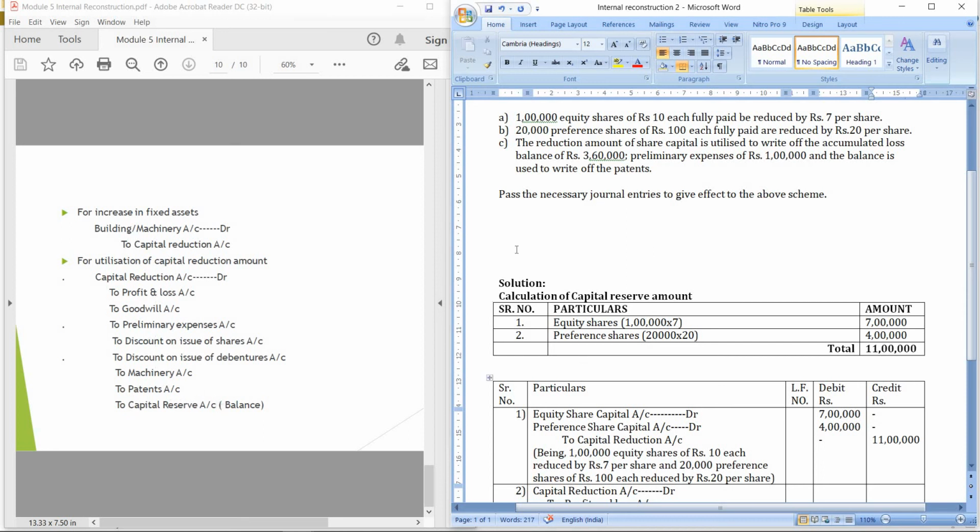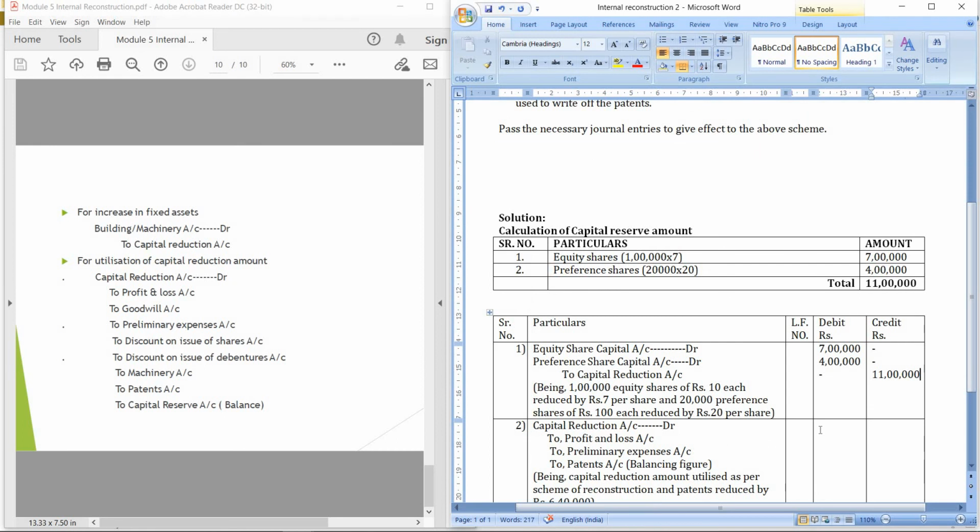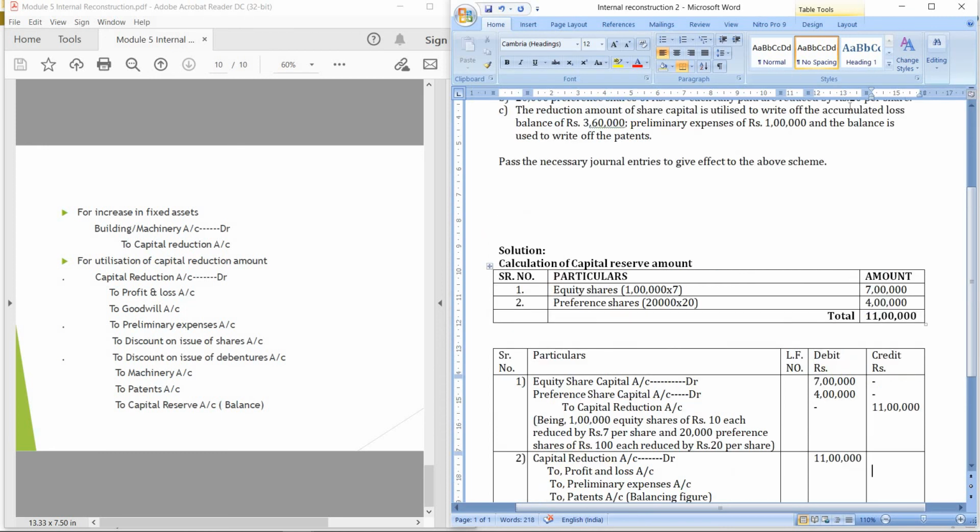A similar entry for this: capital reduction account debit. The amount of capital reduction is 11 lakhs. So we are going to make use of this 11 lakhs to write off the accumulated profit and loss account. There is an accumulated loss of rupees 3,60,000. So capital reduction account debit to profit and loss account, amount is 3,60,000.